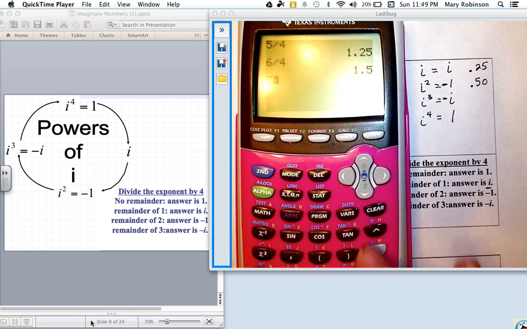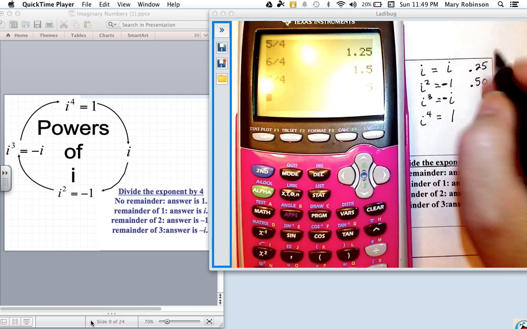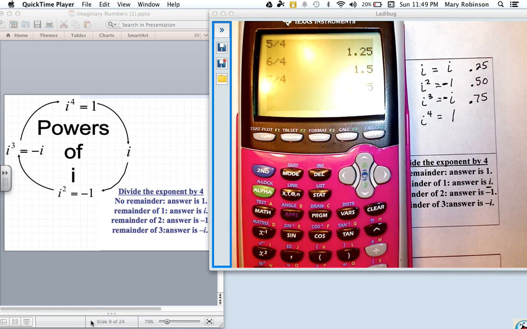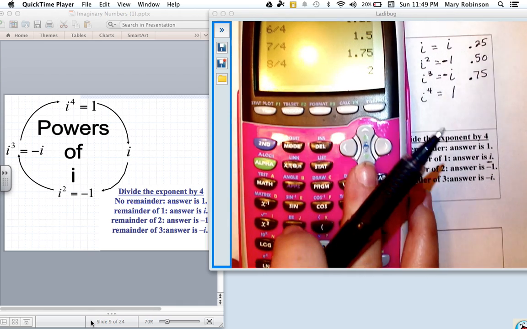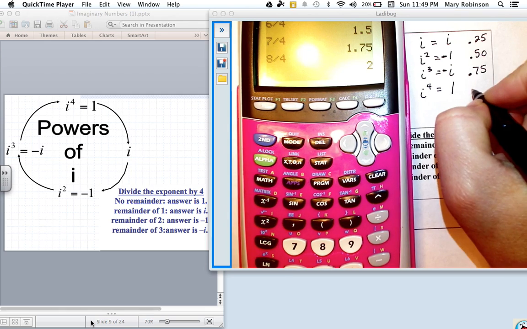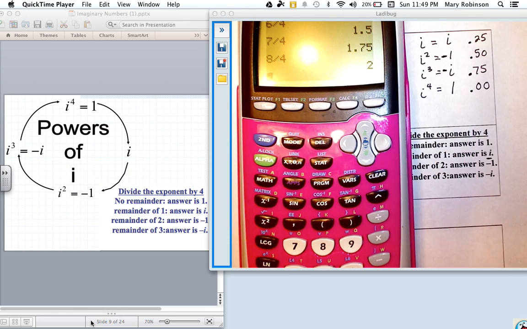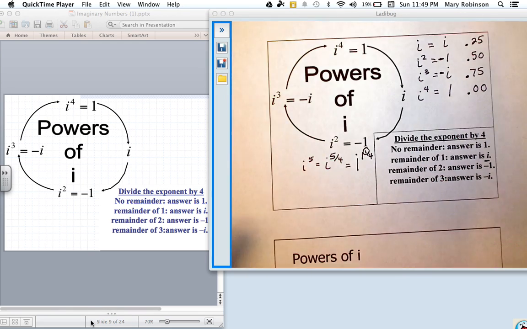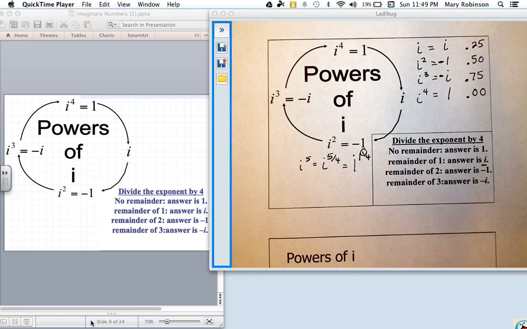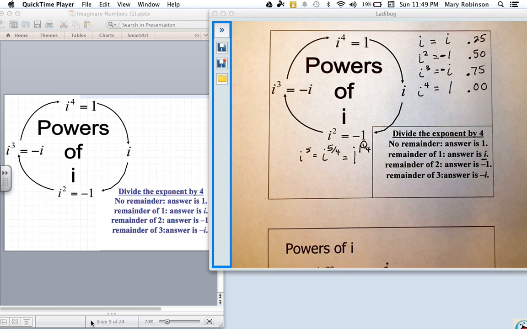If we increase to 7 and divide by 4, we get a remainder of 0.75. And if we go to i to the 8th, then 8 divided by 4 divides evenly, so there's no remainder. Think about $1: 25 cents, 50 cents, 75 cents, $1, meaning it would divide evenly, so 0.00.